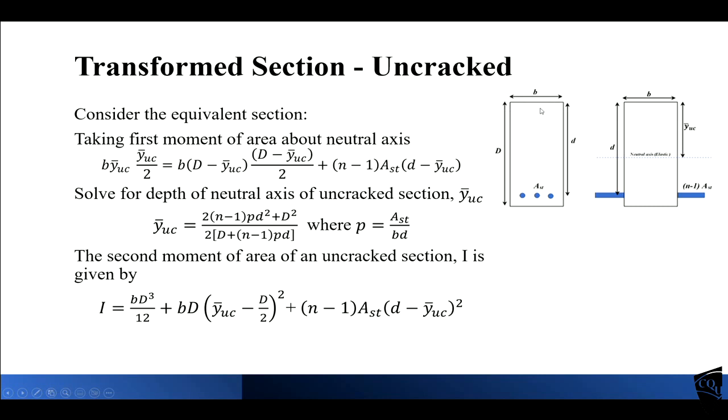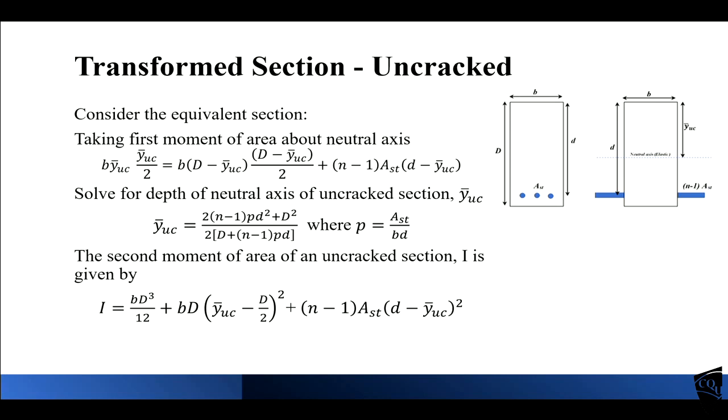The section has width B, and the overall depth is capital D. Small d is the effective depth, measured from the compression side to the centroid of the reinforcement. Capital D is the overall depth. So that is our section.